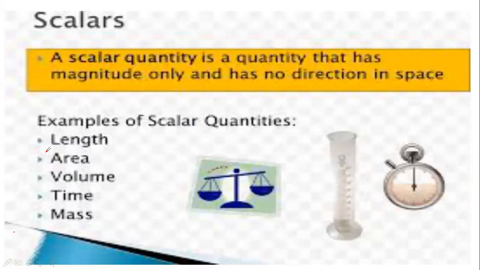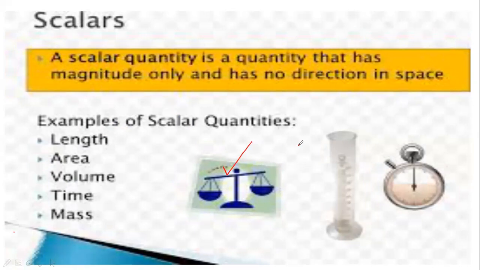For example, length, area, volume. Here, with the help of this instrument, you measure mass. It is a physical balance. It makes a comparison of known quantity and unknown quantity, of standard mass and the mass which is to be determined.